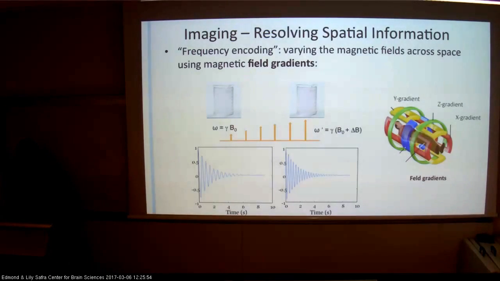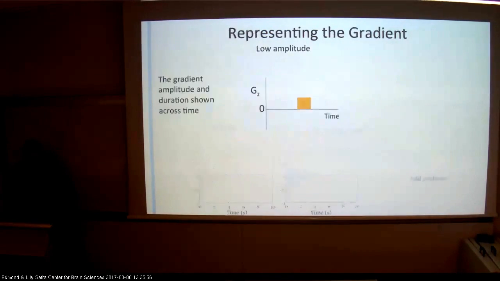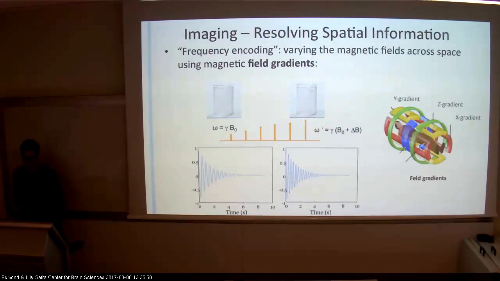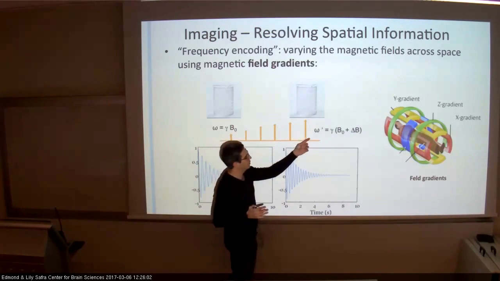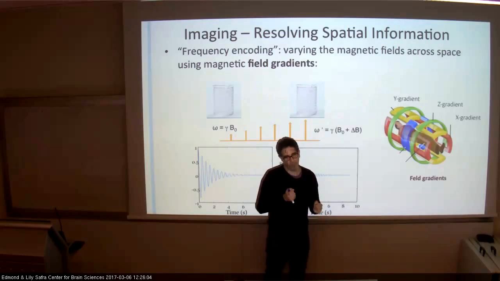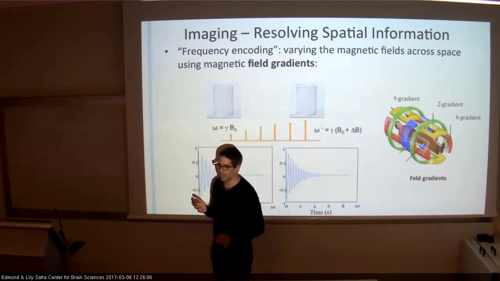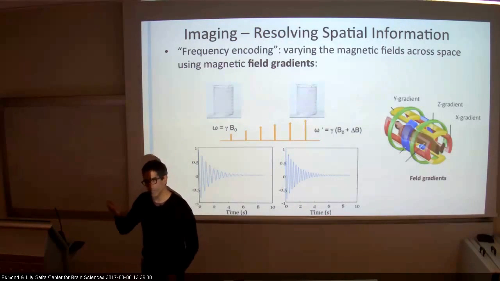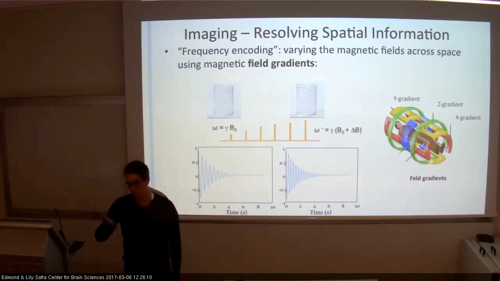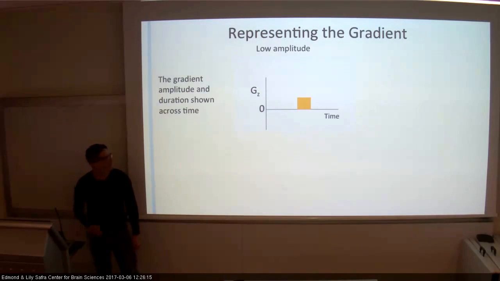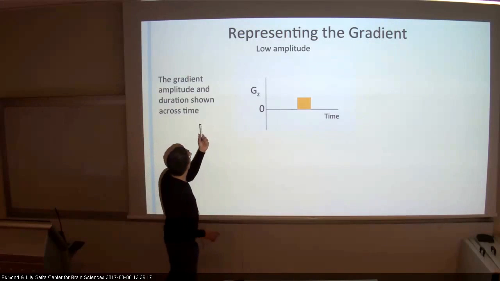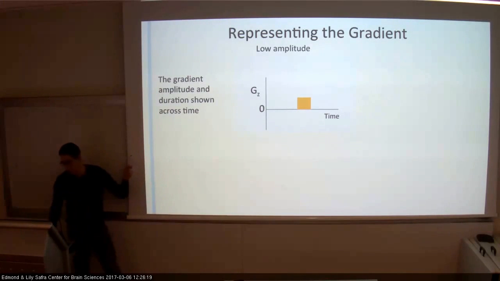So we saw that already, and I just want to tell you that we can play with those gradients, with their strength. As the strength is greater, we'll be able to encode more information in space, because we will have bigger gradients. And it's a linear thing.